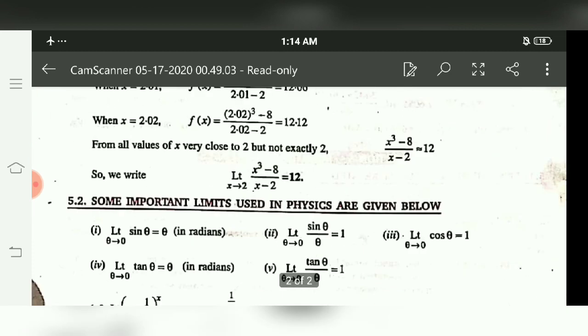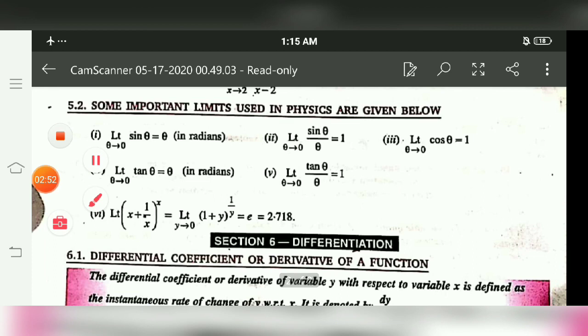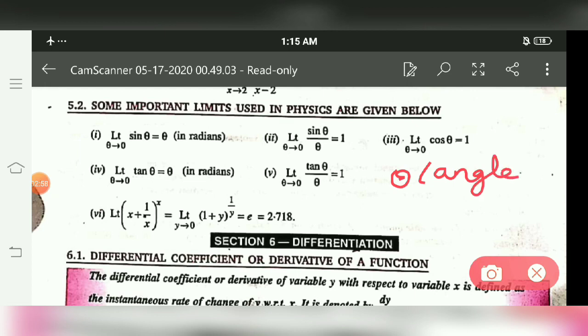There are some formulas related to the limit of a function. First of all, sin theta with limit theta approaches 0, the answer is theta, where theta is an angle. I think you know about angles, different types of angles too. But here in physics we have plane angle and solid angle.